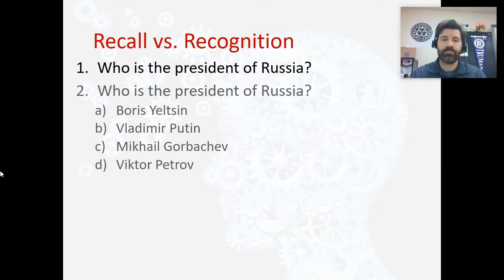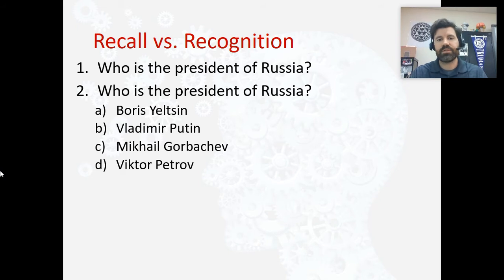Second question. Who is the president of Russia? Exact same question, but now you are given what we call retrieval cues. Now you are given some information, and rather than simply recall it out of thin air, you have to recognize it through a sea of competing information. So you look at this and you say, oh yeah, it's Putin, right?